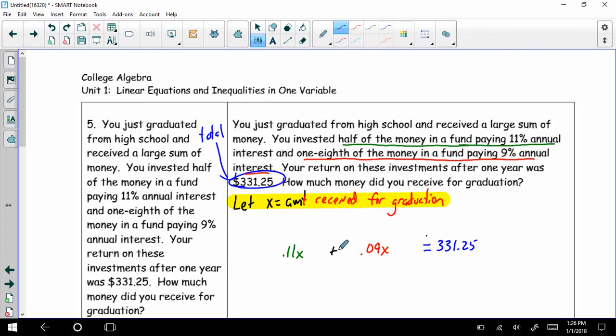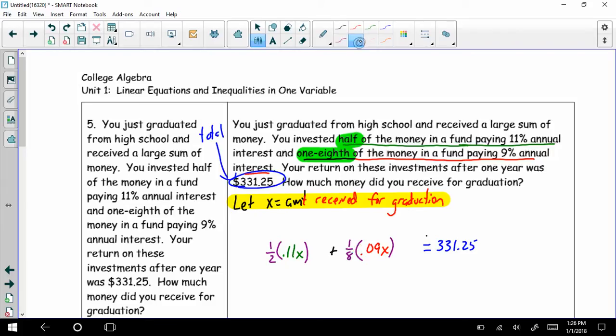Now, the one thing we have not taken into consideration is the half and 1/8. So that has to be written down below too. So if I take half of the money and invest it at 11%, I am going to be multiplying this by 1/2. If we take 1/8 and invest it at the 9%, we multiply that by 1/8. So a couple things that I'm going to do here. First, I want to get rid of fractions.